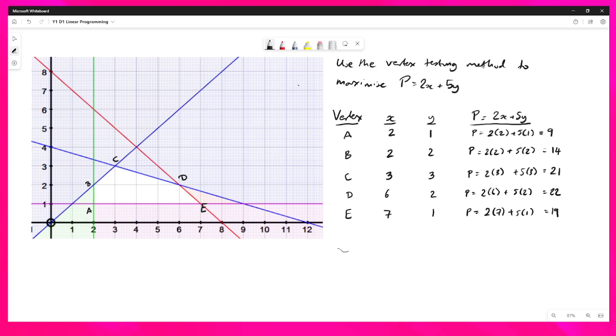Once we've got our table done, you just need to summarize. So we can see the maximum value of P, so therefore the maximum P is 22 at the point 6, 2.